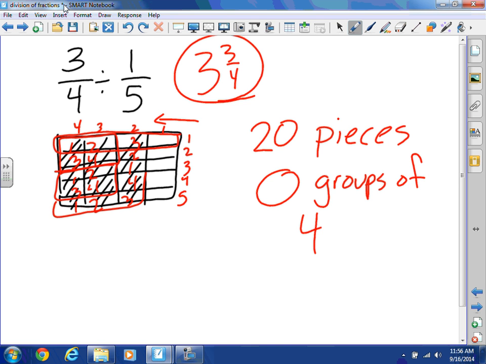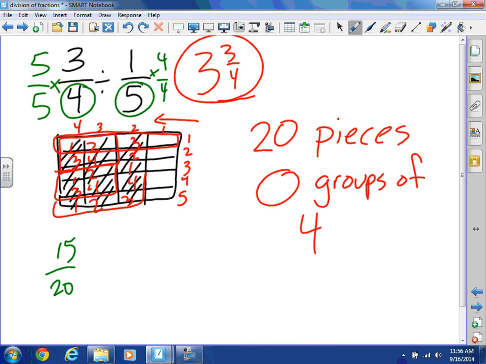Mathematically, what am I really doing by drawing this picture? I'm taking this 5 and multiplying it over here. I'm taking this 4 and multiplying it over here. So I have 15/20 divided by 4/20.